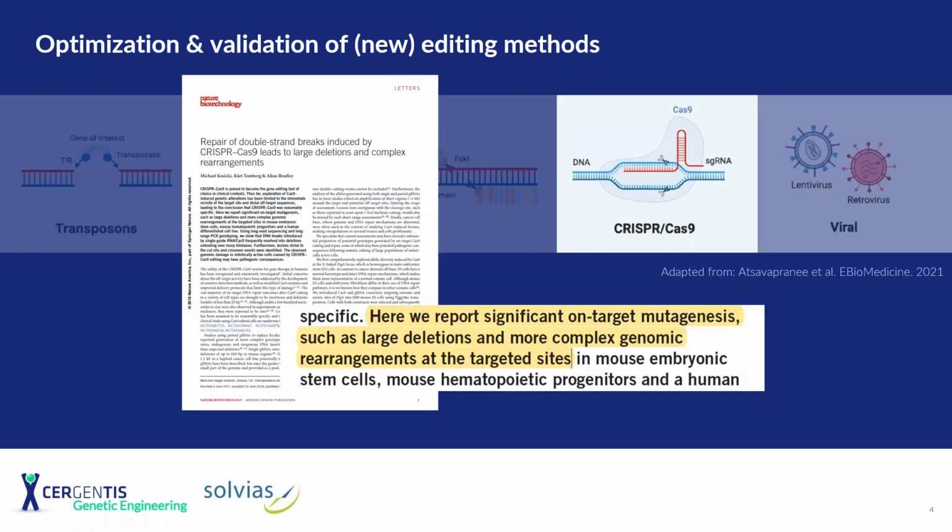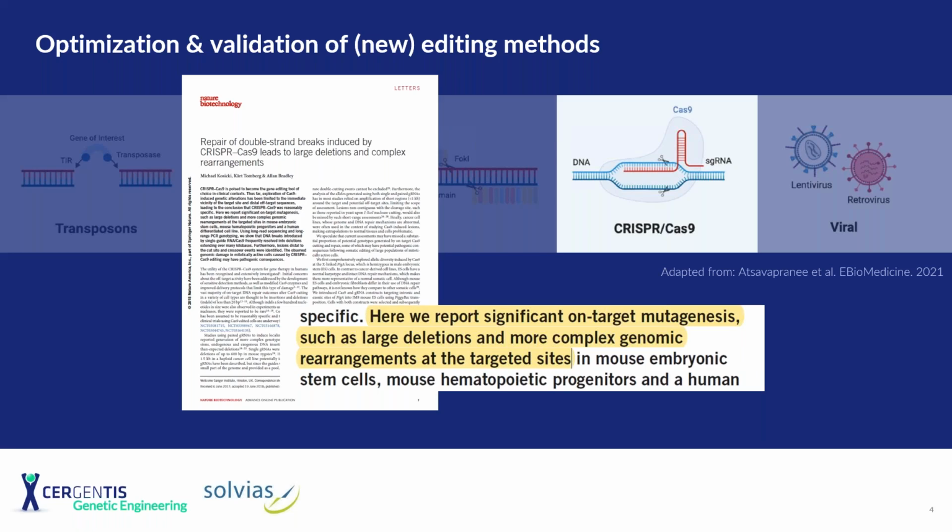However, as revealed in a Nature Biotechnology article, scientists at the Wellcome Sanger Institute reported significant on-target mutagenesis, such as large lesions and more complex genetic rearrangements at the targeted sites, underscoring the need to implement proper control strategies to assess the consequences of your genetic engineering.